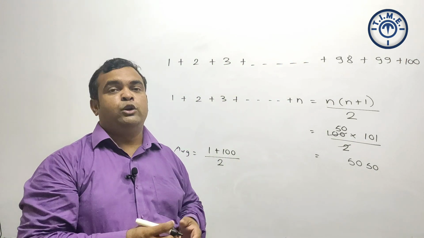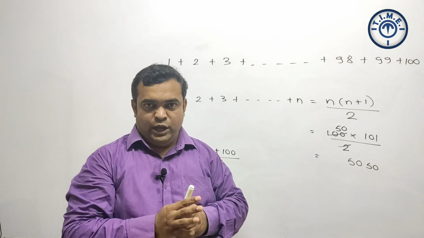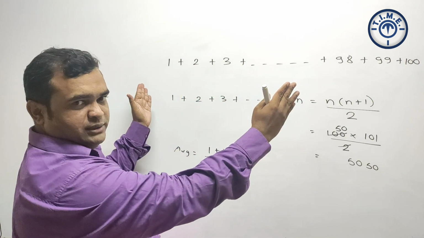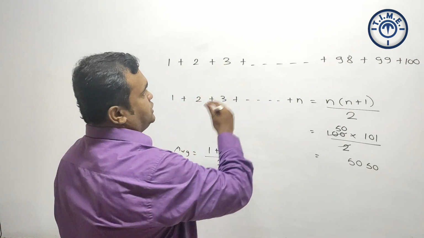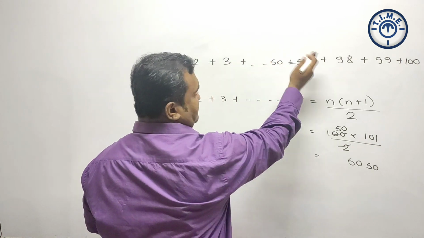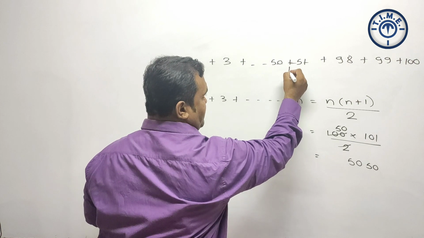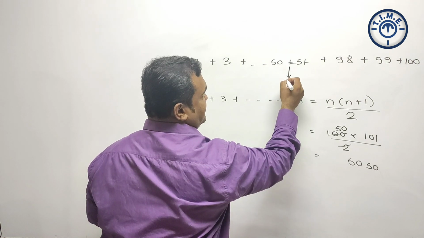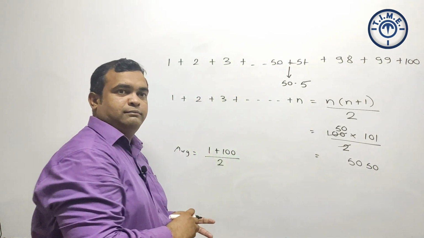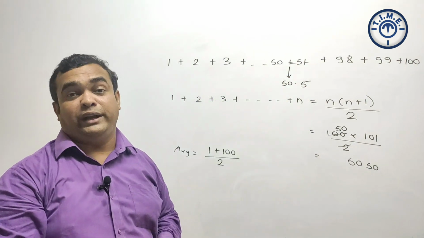Or another way to get the average is, if the numbers are in arithmetic progression, your average is exactly at the center. So if you look at the 100 numbers, if I divide in half, at the middle you have 50 and 51. These will be the terms at the middle. So 50 and 51, exactly at the center will be 50.5.